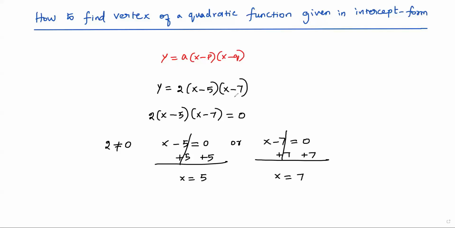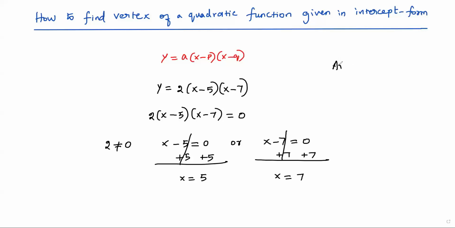When I plug in y is equal to 0 into the given quadratic function, I got two x-intercepts: x is equal to 5 and x is equal to 7. Now to get the x-coordinate of the vertex, I have to find the average of the two x-intercepts, 5 and 7.